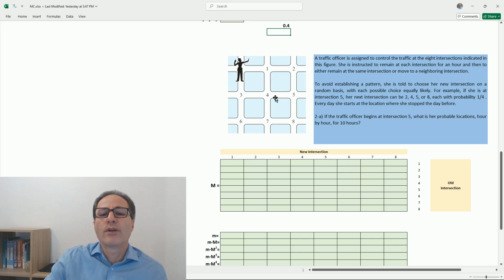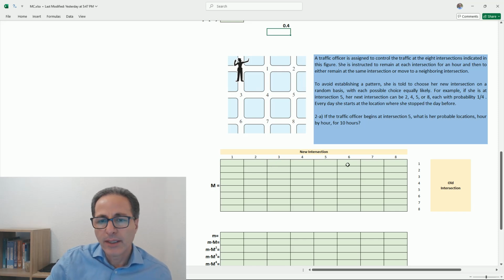So for intersection 4, we have all this information. For intersection 1, we have 3 possibilities.